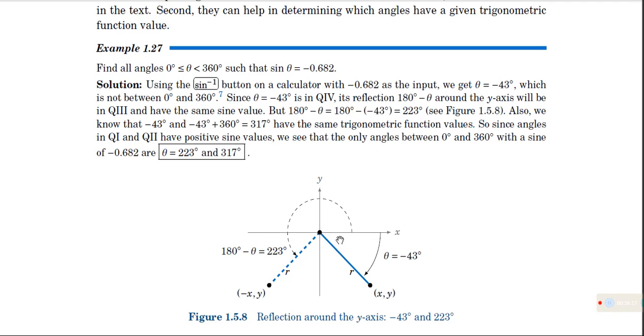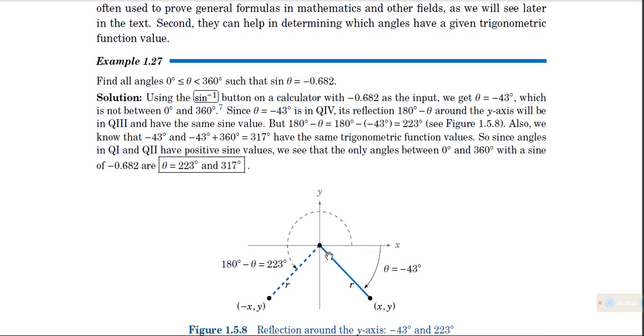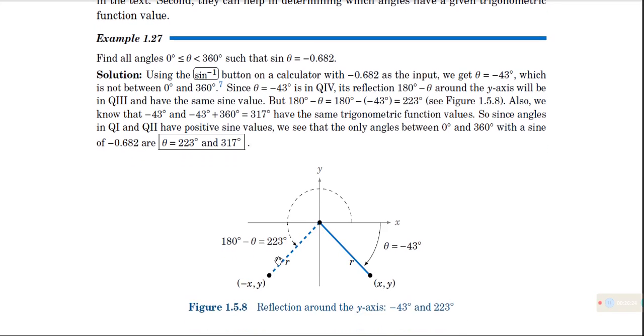Ang reflection niya will be in quadrant 3, which is 223 degrees. So, that is 180 minus negative 43, which is 223 degrees.